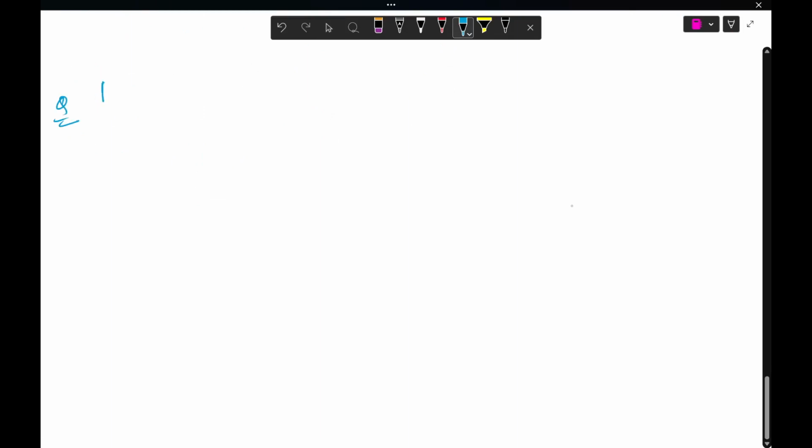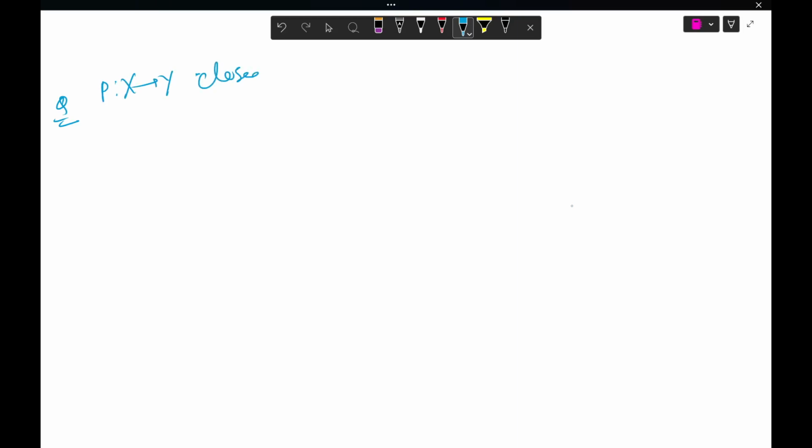So suppose P from X to Y is a closed continuous surjective map, that is, a proper map.